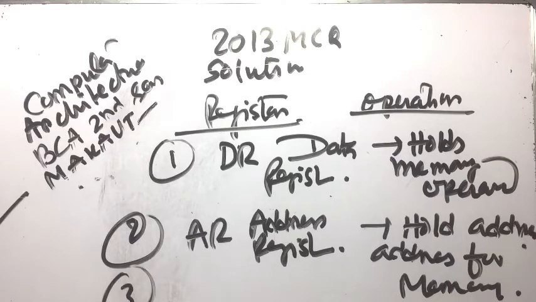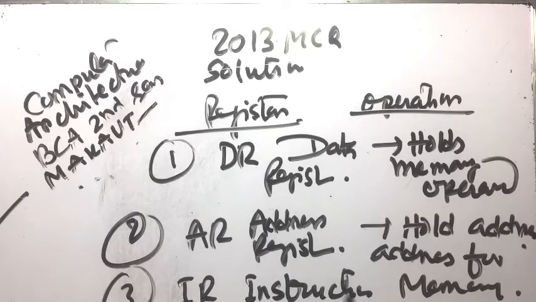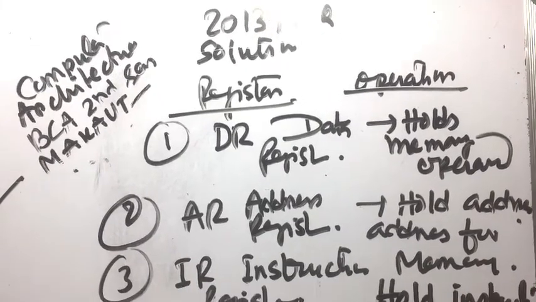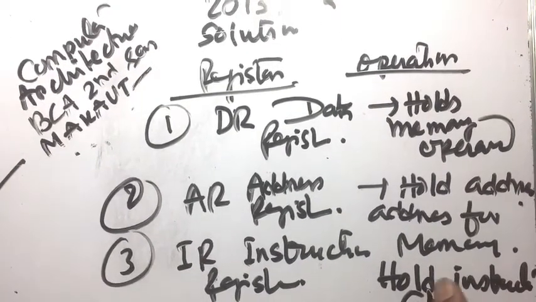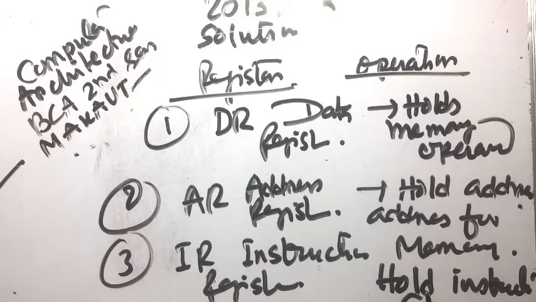Number 3, IR, instruction register. This is the third register, which holds the instruction code.